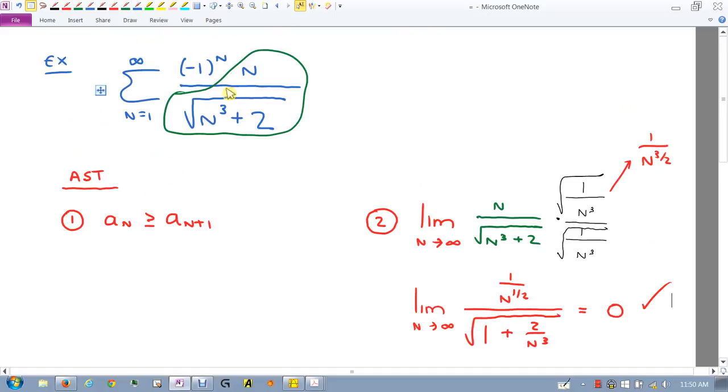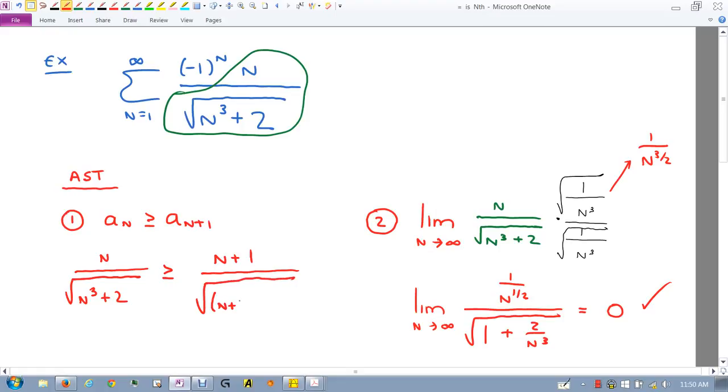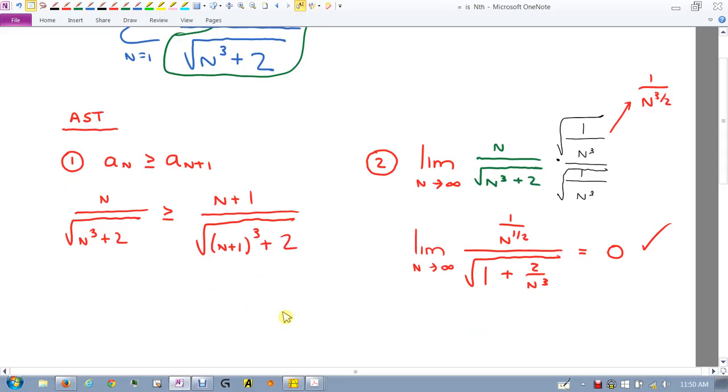Because you would have to show that n over the square root of n cubed plus 2 is bigger than or equal to n plus 1 over the square root of n plus 1 cubed plus 2. Does that look like something you want to do? Probably not. What's the alternative to showing decreasing this way? Derivative.